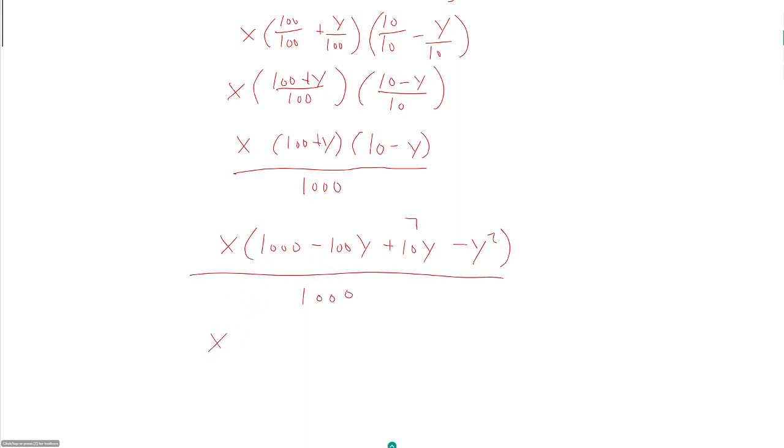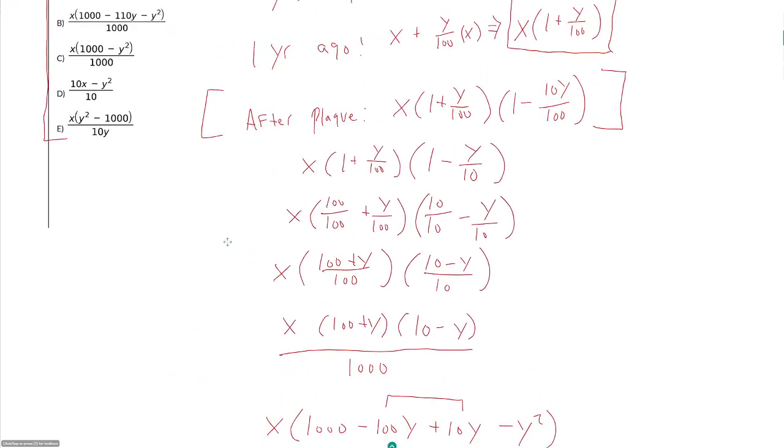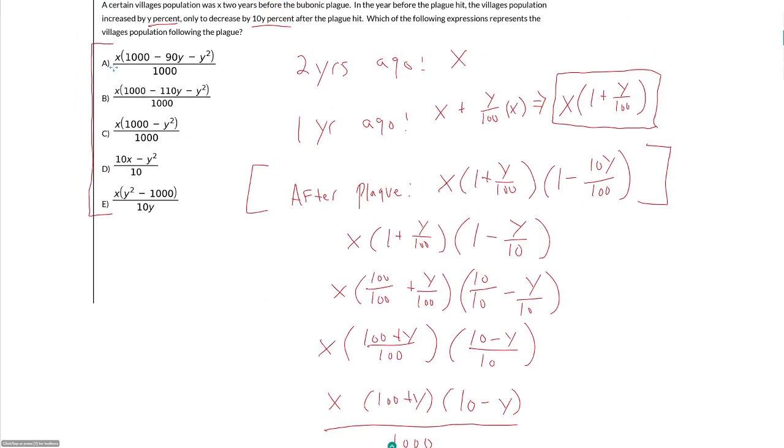Now the only thing to do is combine our middle terms here. Times 1,000 minus 90y minus y squared all over 1,000. Now hopefully one of our answer choices is this expression here. And it looks like A is what we came up with. And that is the answer choice.